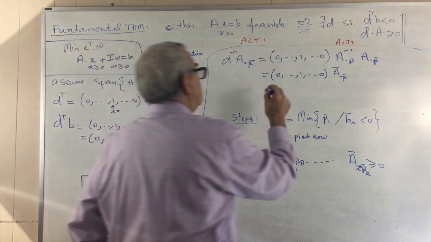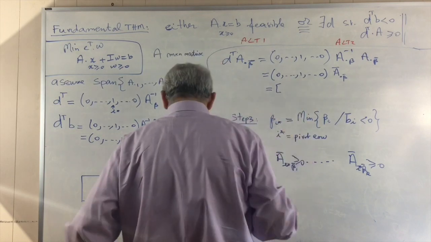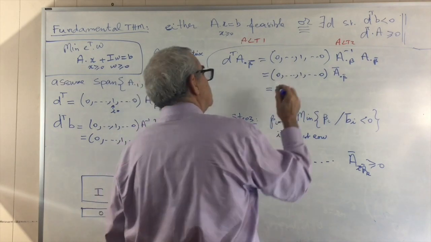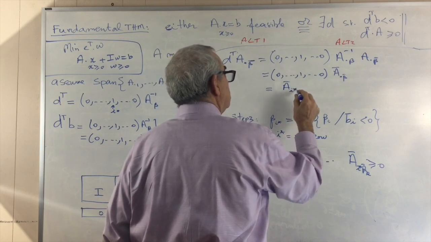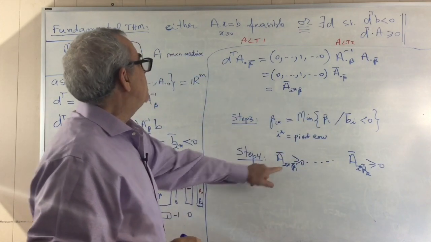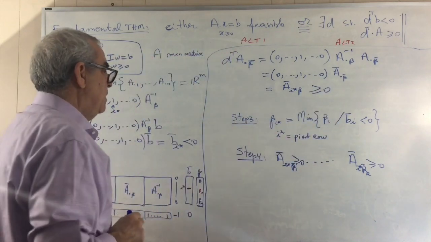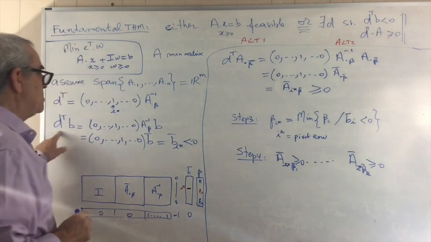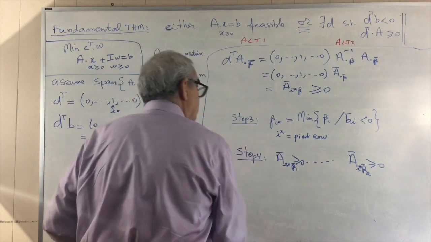And remember this is the I star index, so that's just A bar of I star beta bar. But here we're assuming that all this is greater or equal to 0 in step 4. Therefore we have D transpose B negative and D transpose A dot beta bar greater or equal to 0.